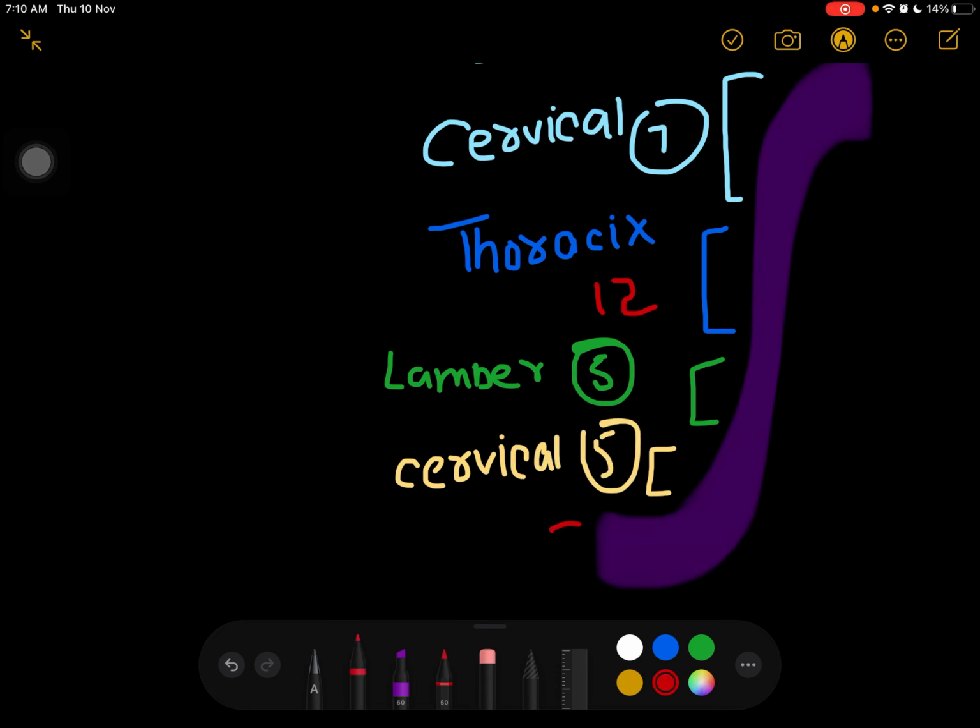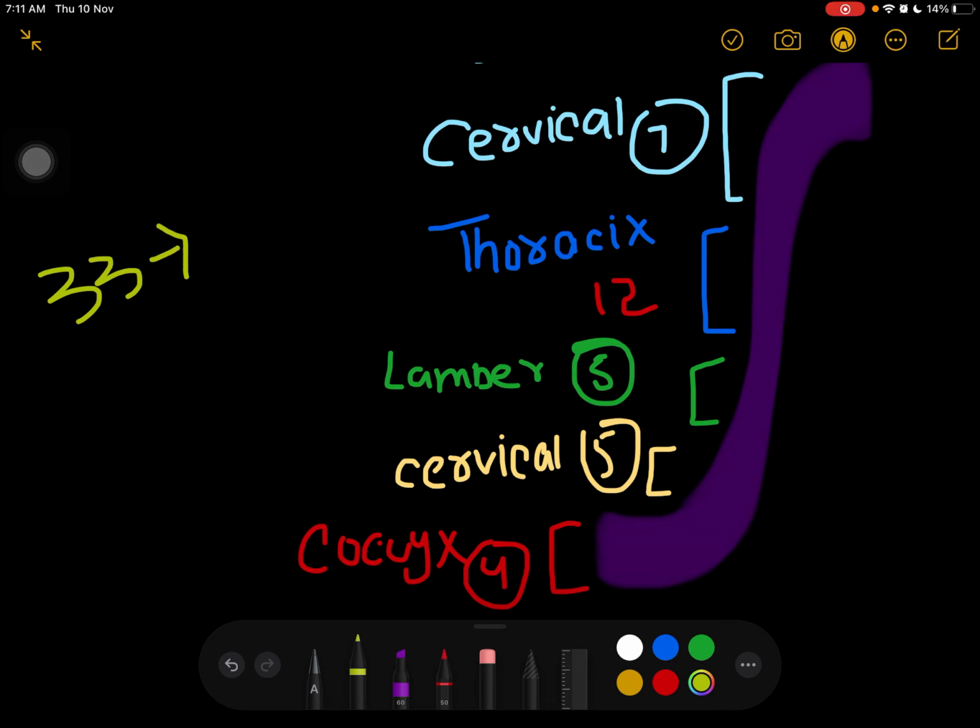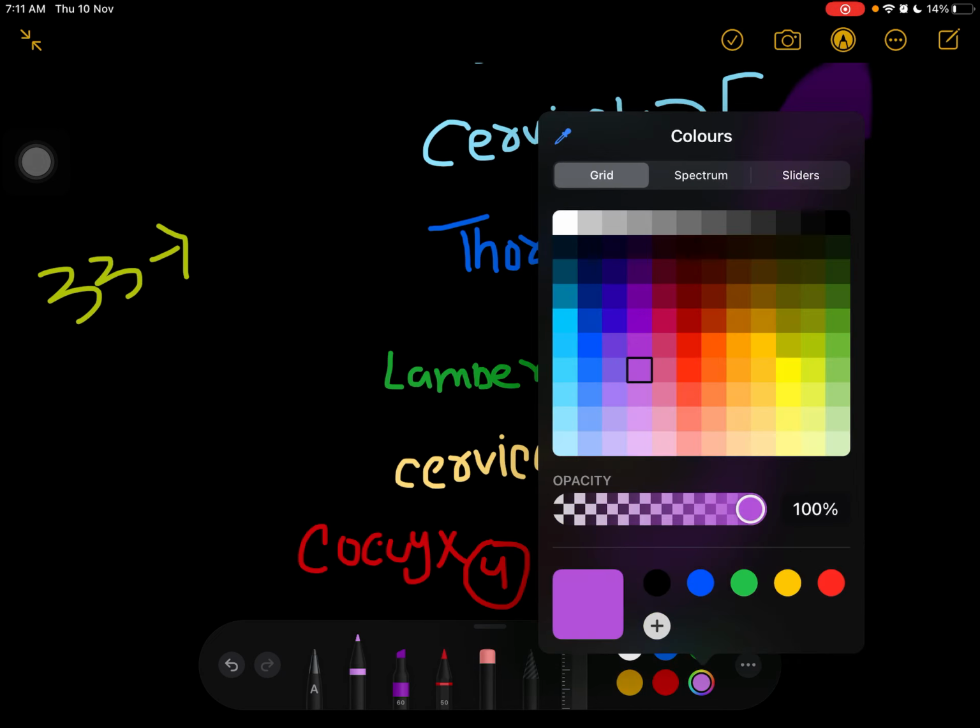And at the last, also known as your tailbone, the coccyx, we have basically 4 vertebrae. In total, if we count, there are 33.